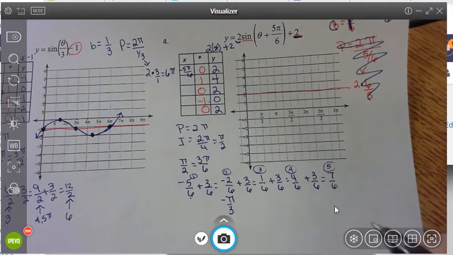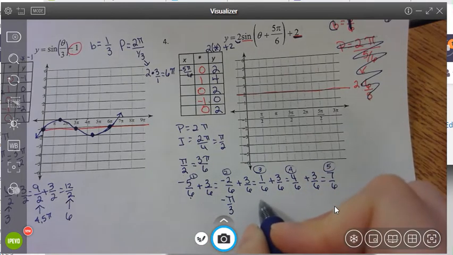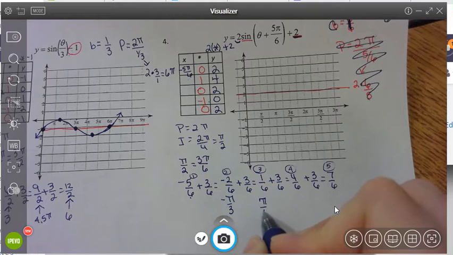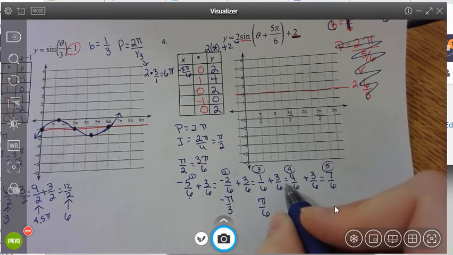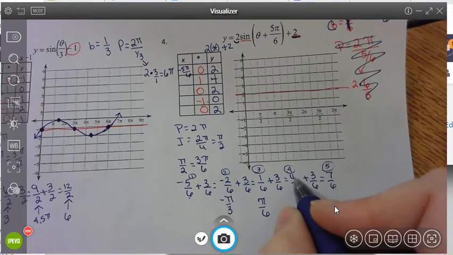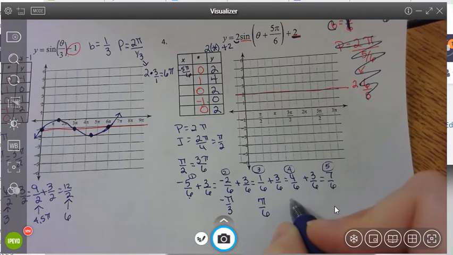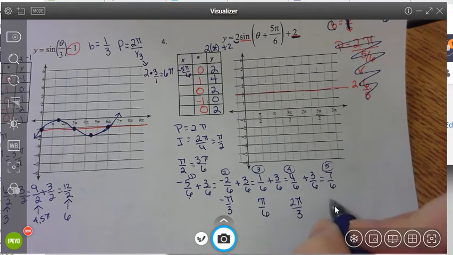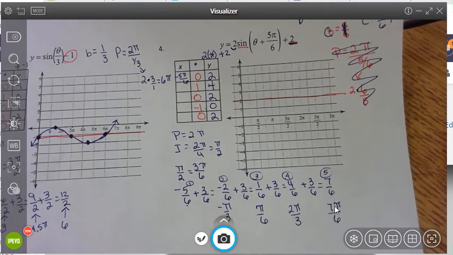So this would be negative pi over 3. 1/6 pi is pi over 6, and 4/6 pi is 2 pi over 3. And the last one's going to be 7 pi over 6.